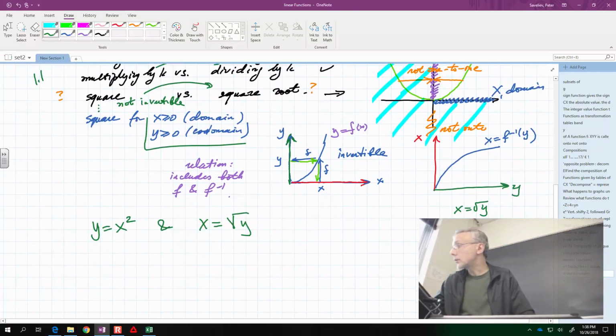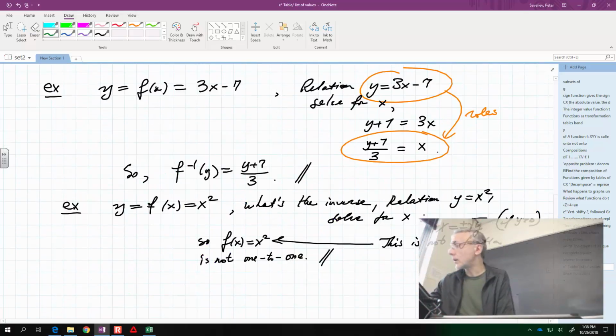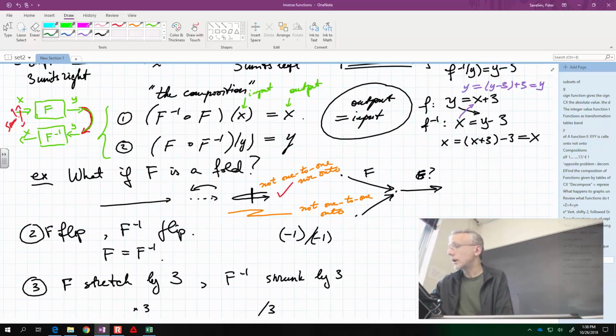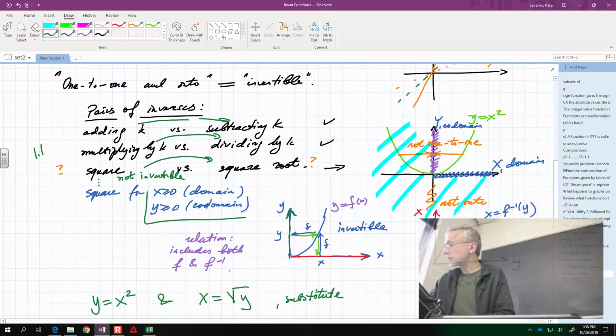To confirm that they are inverses of each other, substitute. This is our interpretation of the inverses: the composition of the function with its inverse gives you the same element. It is a fully circular diagram.